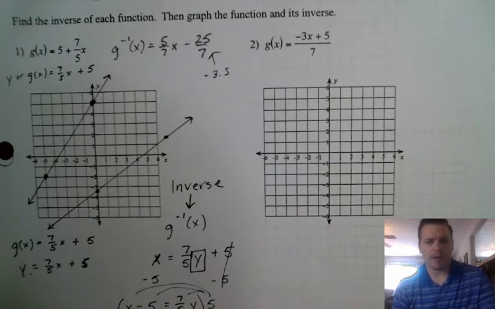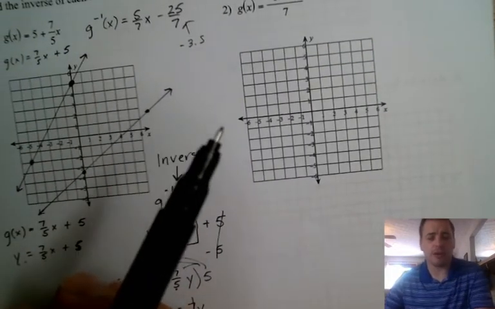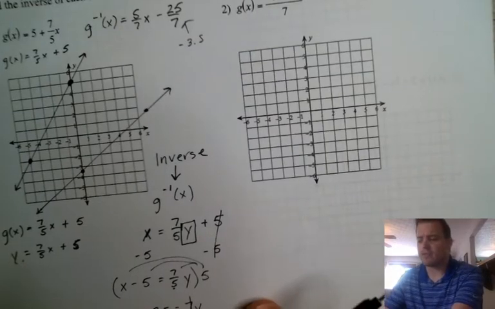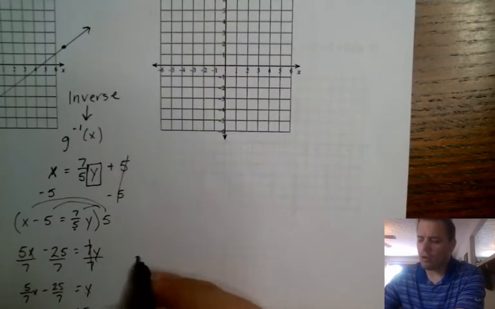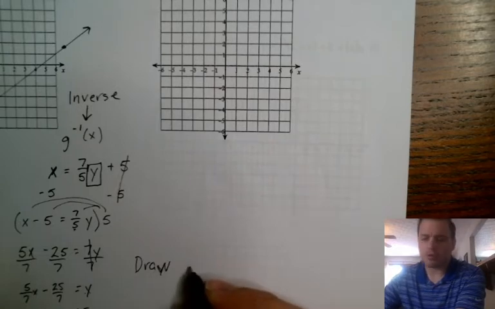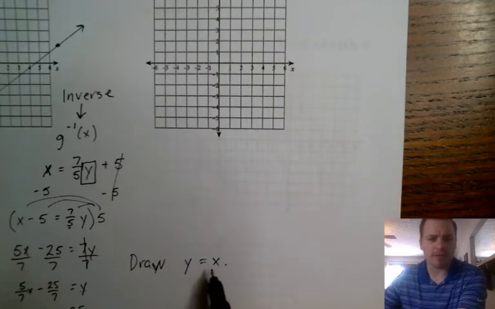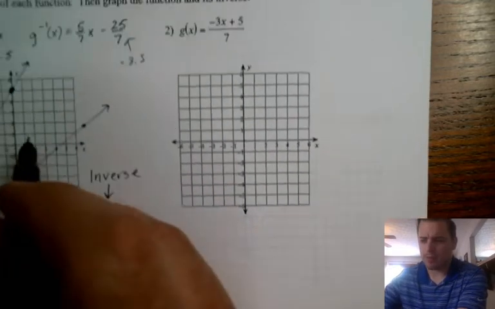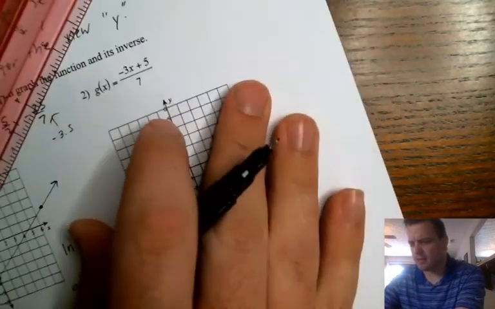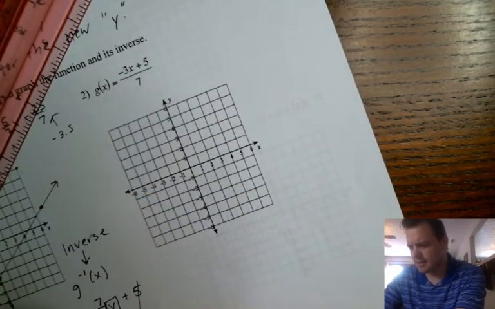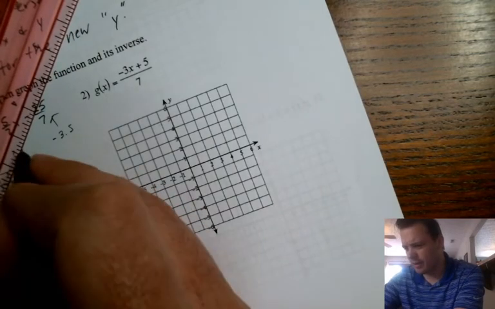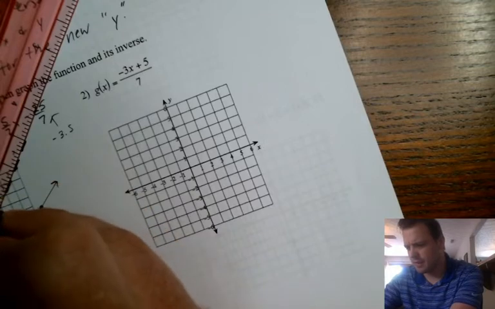A beautiful thing about a graph is that when you really want to know if you truly have the inverse, draw y equals x on the graph. Now y equals x has a slope of 1 and the y-intercept is 0. So I'm going to do this as a dashed line, and it looks something like this, guys. It's a dashed line, or you could make it really any line, but I'm just going to make it a dashed line just so we can kind of separate it all.